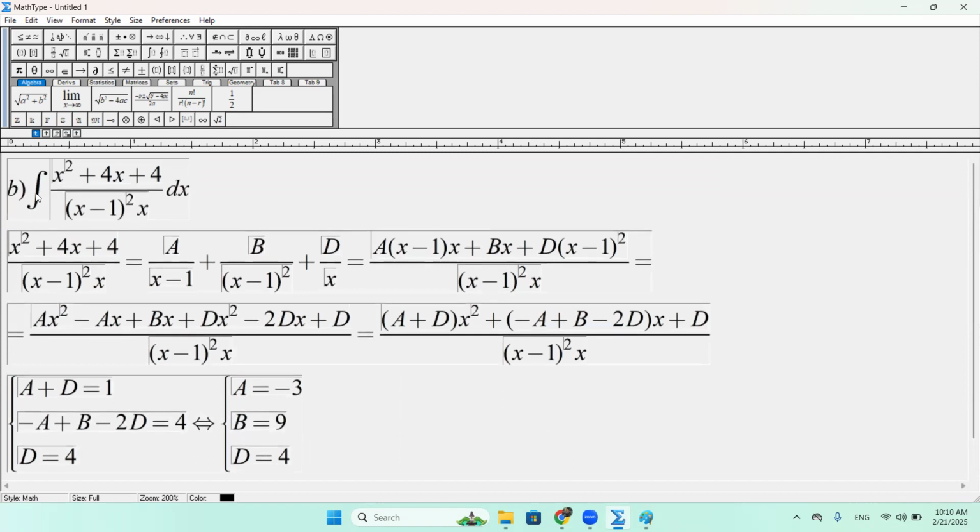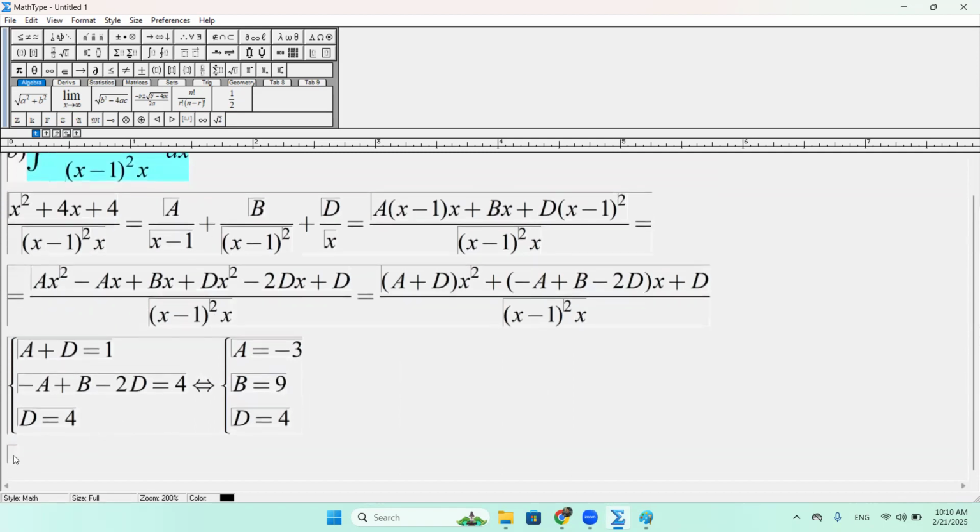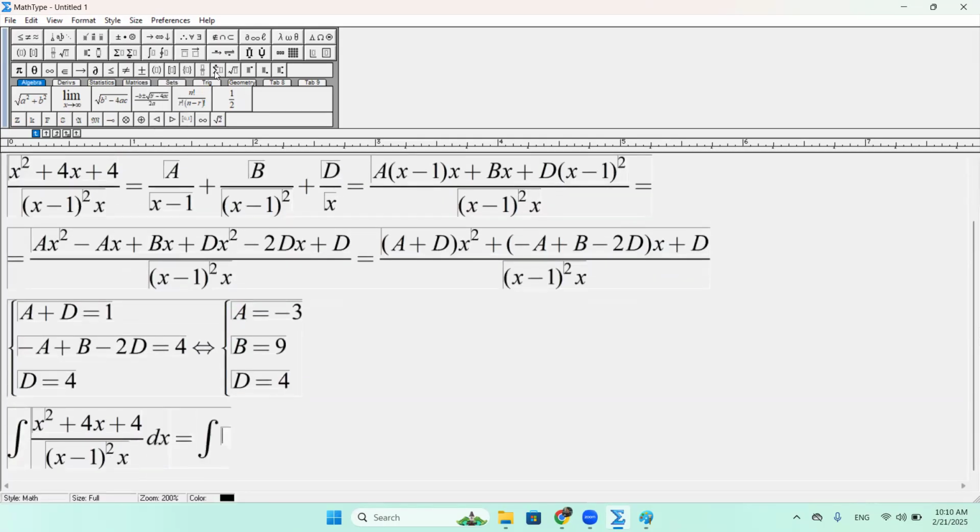And now we have everything that we need, and let's write the transformed integral. Minus 3 over x minus 1 plus 9 over x minus 1 in power of 2 plus 4 over x dx, and writing down the solution.